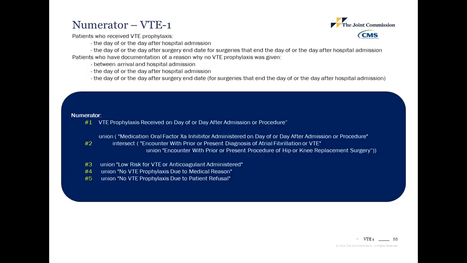The second condition is looking for patients who received oral factor Xa inhibitor, and notice the intersect, which means they must also have a diagnosis of AFib or VTE or a hip or knee replacement surgery. Conditions 3, 4, and 5 are looking for reasons why a patient did not receive VTE prophylaxis.